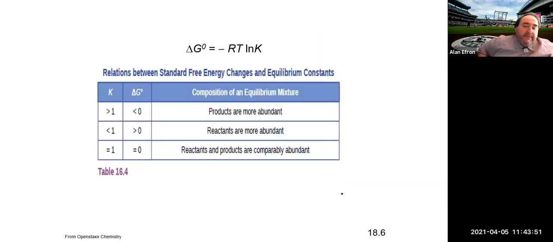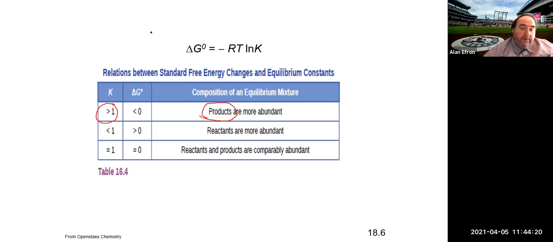But just looking at this equation here, delta G naught equals minus RT natural log of K, because it does have the equilibrium constant in it, we could use what we know about the equilibrium constant to help us decide what's going to happen. So for example, if we have a large value of K, which is normally what this would represent in our equilibrium constant discussion, that means you mainly have products there.